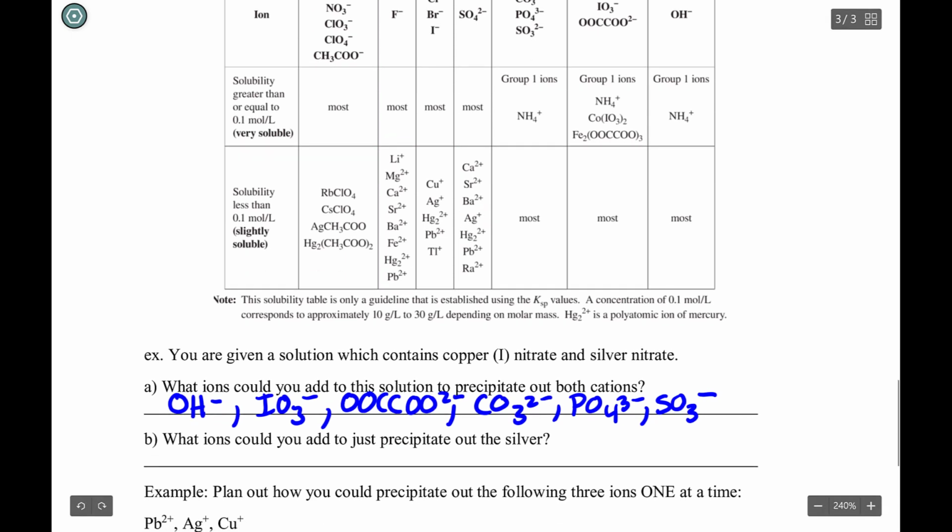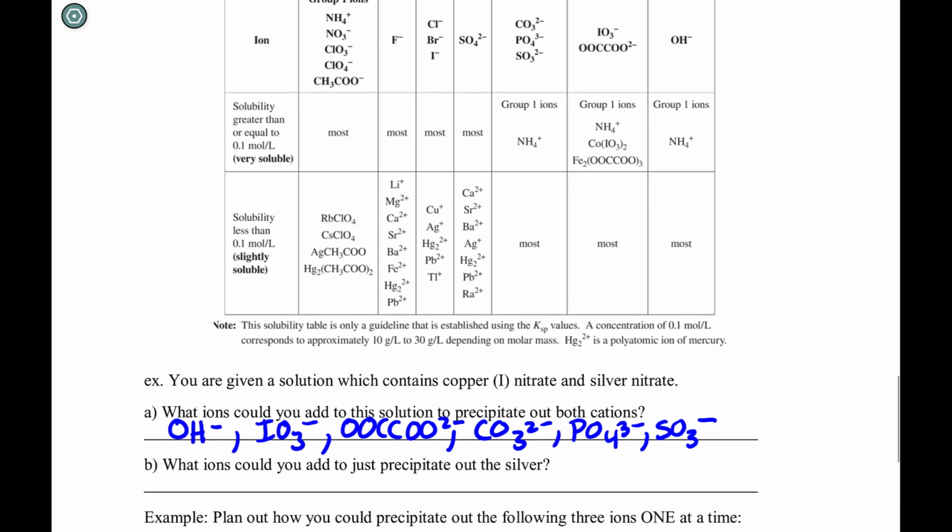Now that would bring us to our next question, so I'm going to do them in tandem. It says, what ions could you add to just precipitate out the silver? Sulfate could be used just to precipitate out the silver because copper 1 is not part of this list. Copper 1 actually falls underneath most. So sulfate, SO4 2 minus, could be used to only precipitate out the silver.